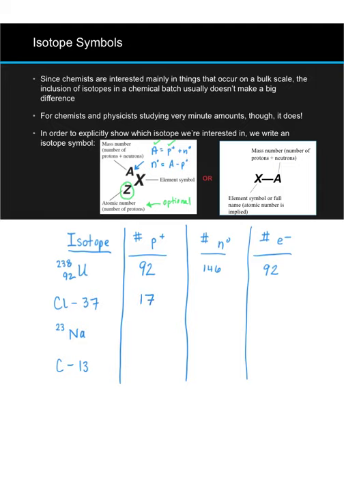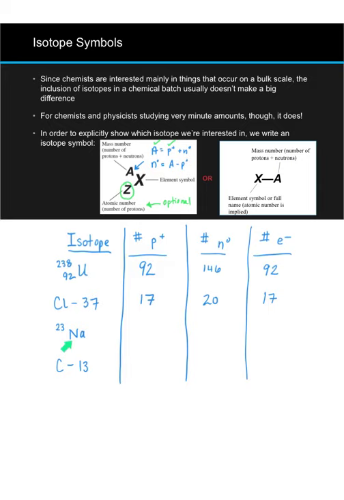That means that any variation of chlorine must always have 17 protons. And to be electrically neutral, it also needs 17 electrons. The number of neutrons comes from the mass number, 37, minus the number of protons, 17. There must be 20 neutrons in this version of chlorine.